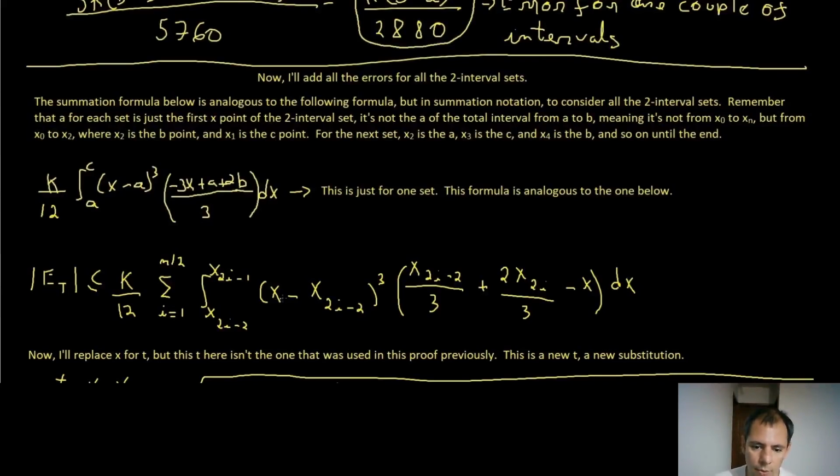Okay, so x minus a. You see here that when i is equal to 1, this is going to be 0. When i is equal to 2, this is going to be 2. When i is equal to 3, this is going to be 4. So you have x minus a in summation form here.